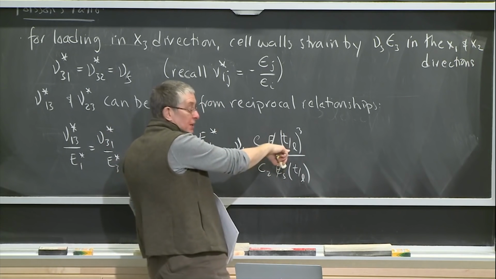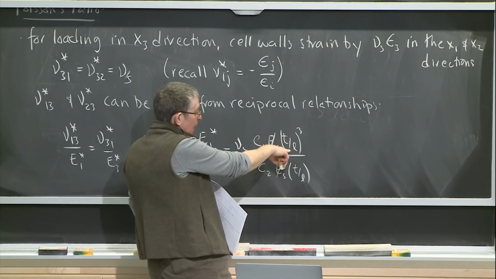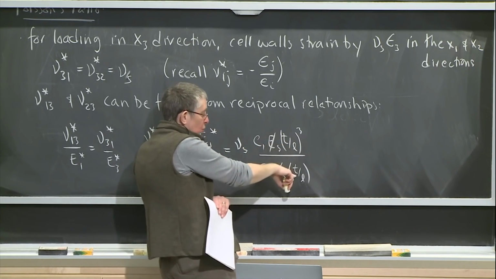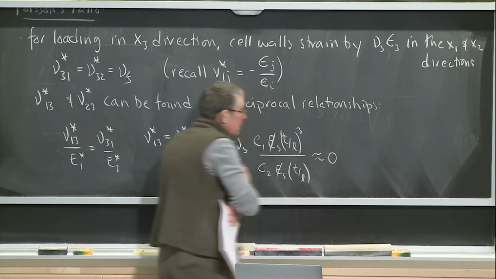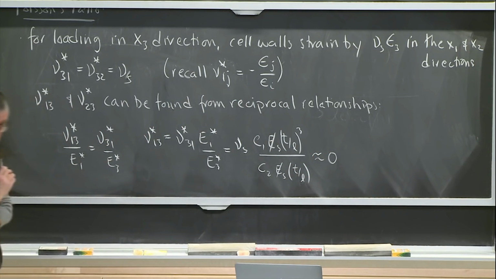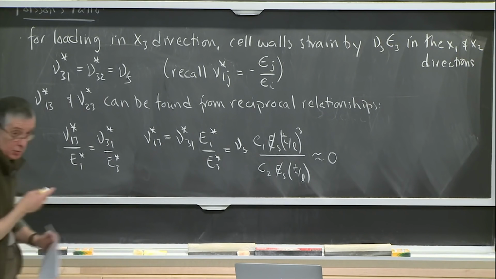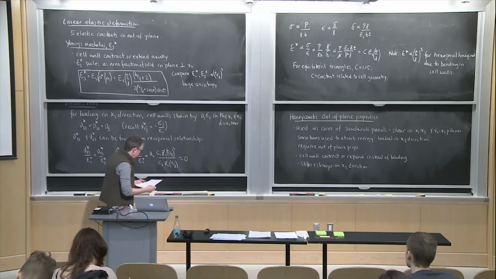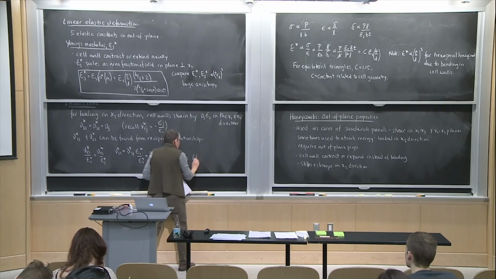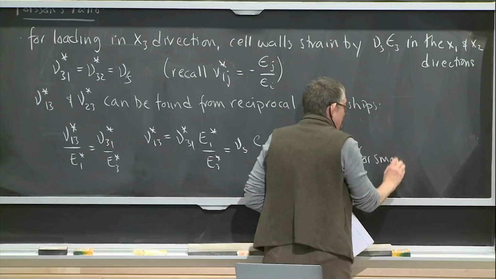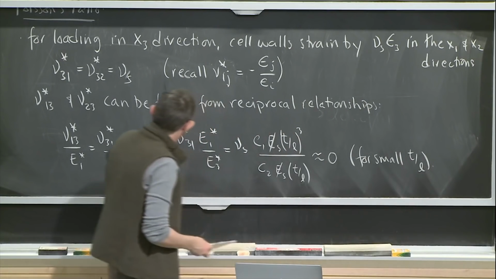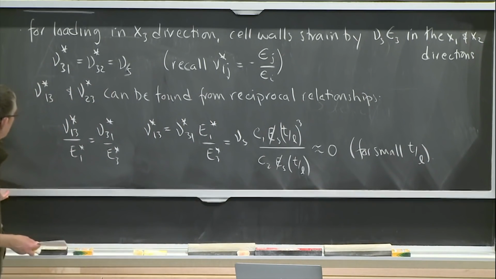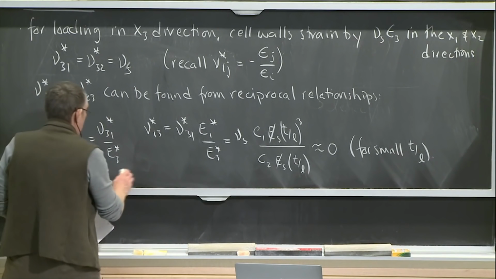And if T over L is small, like even if it's, say, a tenth, and this is going as T over L cubed, and that's going as T over L, then I can say this thing is about equal to 0. It's going to be small. Okay, it's not going to be exactly 0, but it's going to be small. So we're going to say it's 0. So I'll just say for small T over L. And then similarly, nu 2,3 is going to be close to 0 as well.